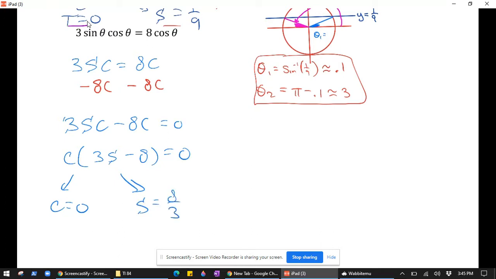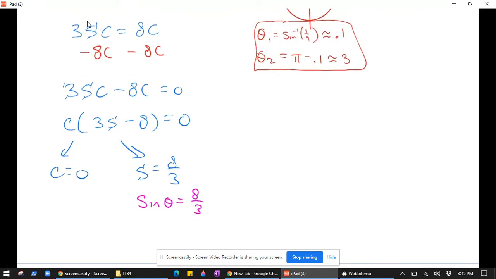One thing I'm going to point out right away is that s equal to 8/3 means that sine of theta is equal to 8/3. But that is not going to produce any answers because sine is the y-coordinate of a point on the unit circle, and that can only be between -1 and 1.